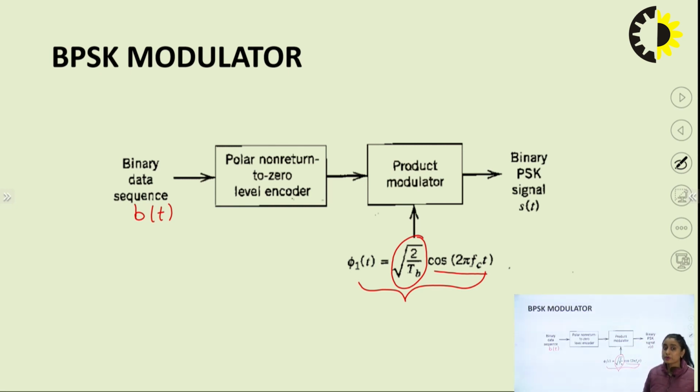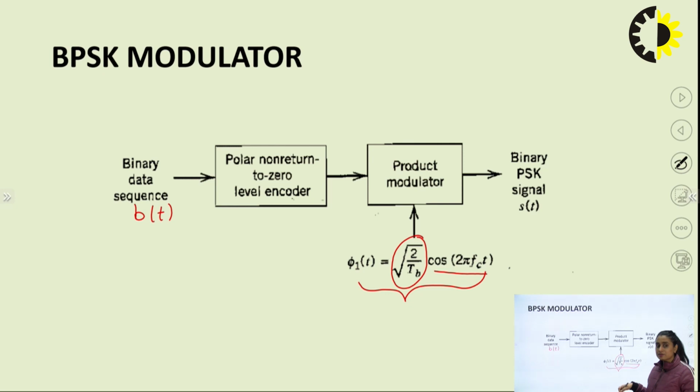What is it going to do? Because I do not want my carrier wave to be directly multiplied with the bits. What I want is, when I'm passing bit 0, it should be multiplied with a negative value, and when I'm passing bit 1, it should be multiplied with a positive value, and the amplitude of the carrier must remain the same.